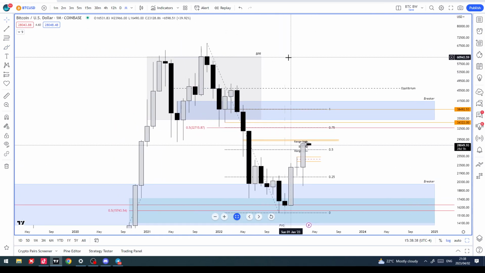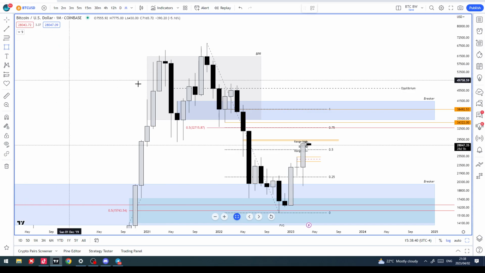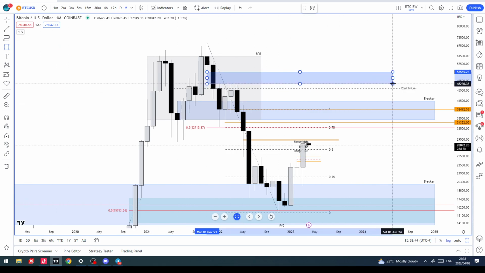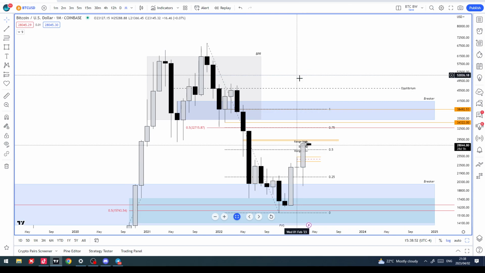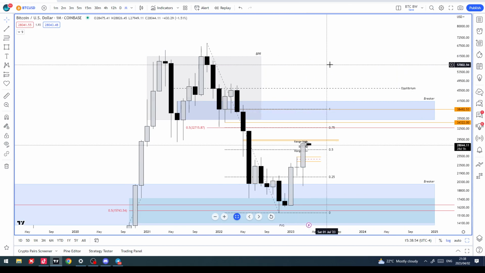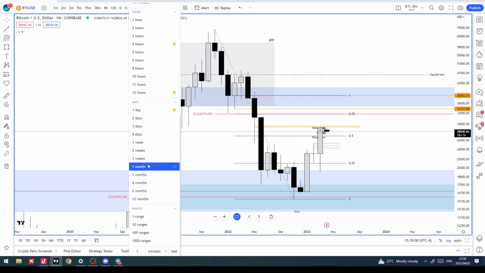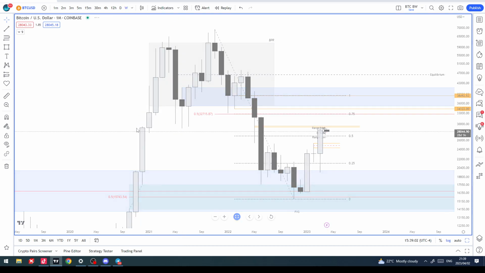Even though there is inefficiency within the range here, there should be no need for this to come back there. It can, but it doesn't have to.